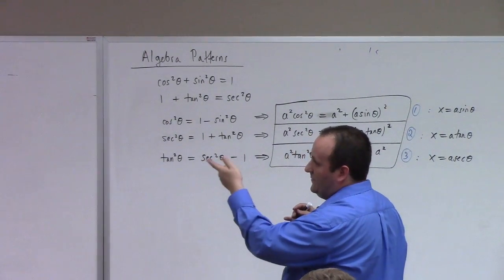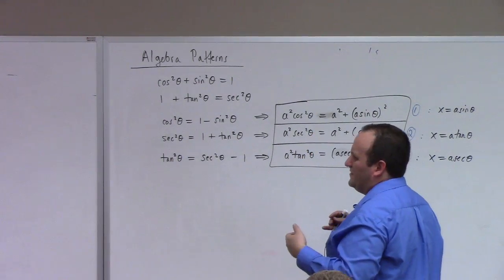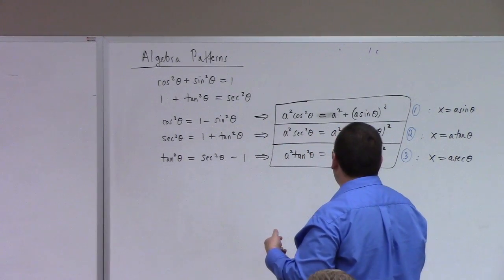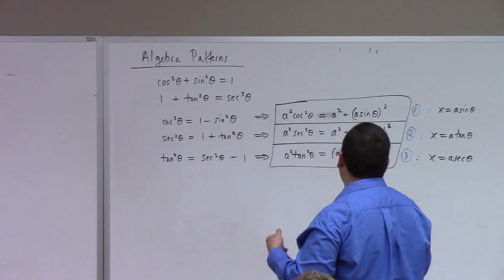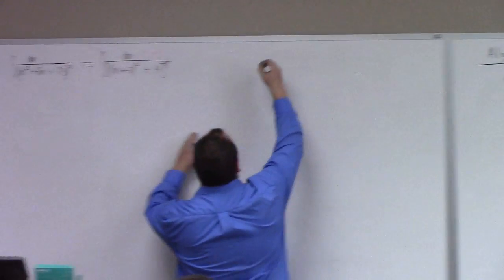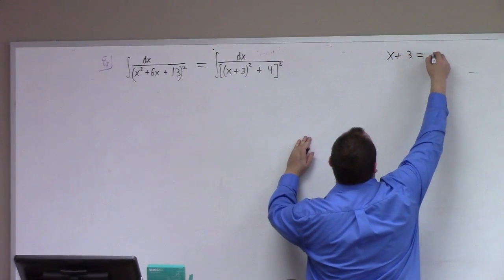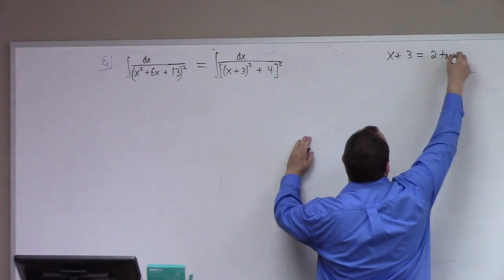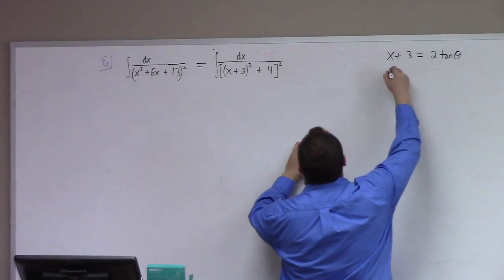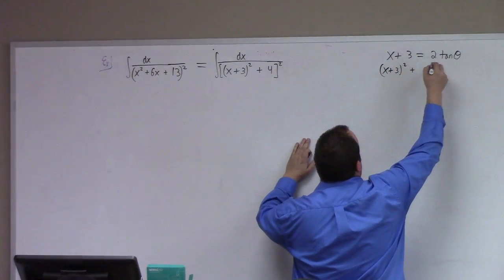But you might have been able to do this one before we had this. Well, I don't know. Maybe not. Let's see here. I think I want to make an x plus 3. If I make x plus 3 equal to 2 tangent theta, I think that ought to do it. See, because then x plus 3 quantity squared plus 4 is what?